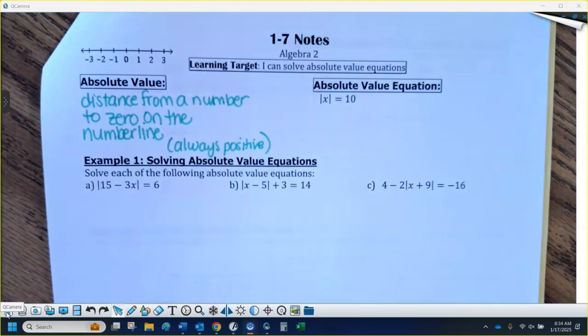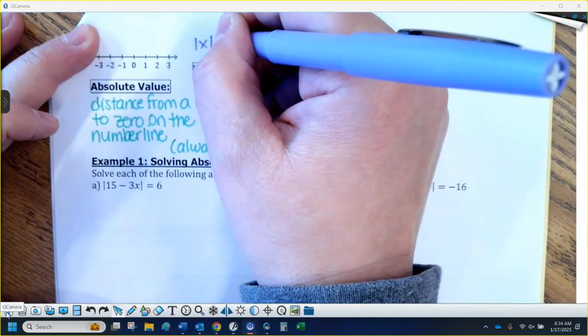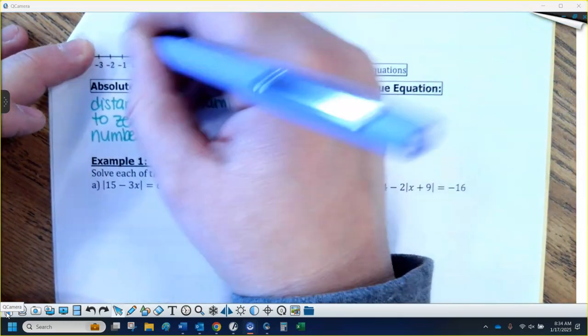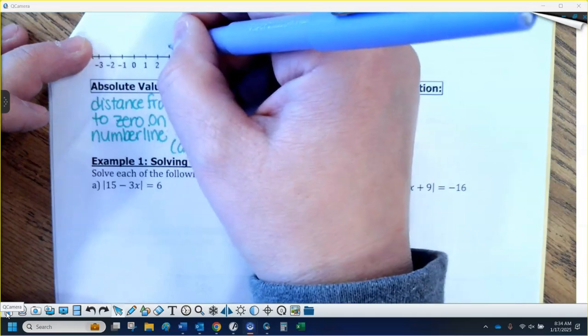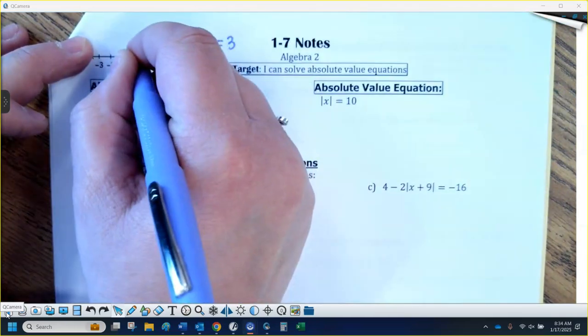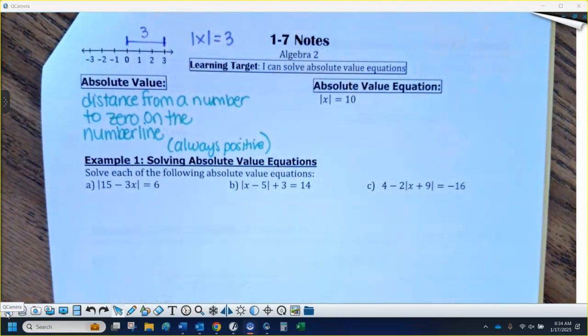So if you're on the number line and you're a positive number, this is usually like, let's say I had absolute value of x and I said it was 3, right? So there's actually two ways I could do that. If I went from 3 to 0 on the number line, that distance would be 3.